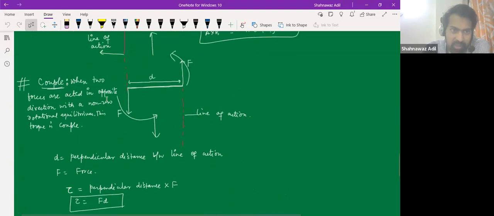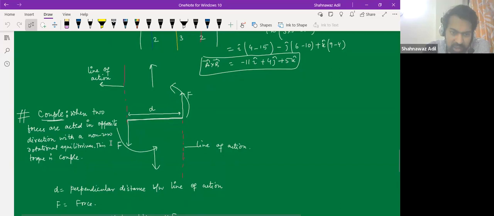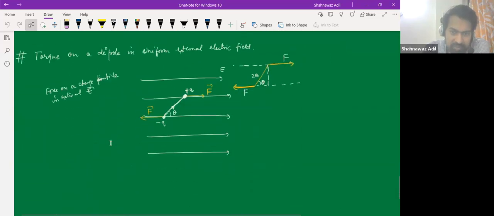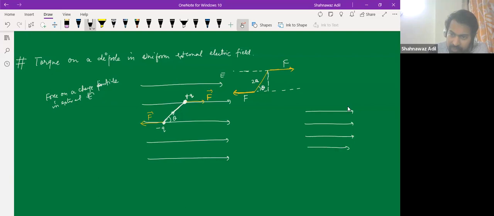This was the couple that we understood in the previous class, right? Do you remember this thing? If we recall, let's say you have this electric field and you put a positive charge in there.